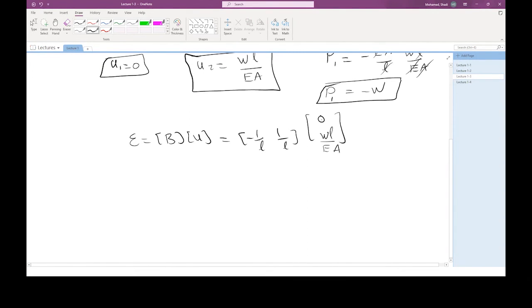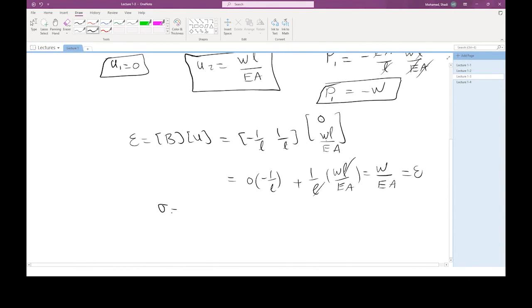So this one multiplied by this one and this one multiplied by this one, we will have 0 minus 1 over L added to 1 over L multiplied with WL over EA. So the L will cancel with the L. We will be left with W over EA. So this is the value of the strain.